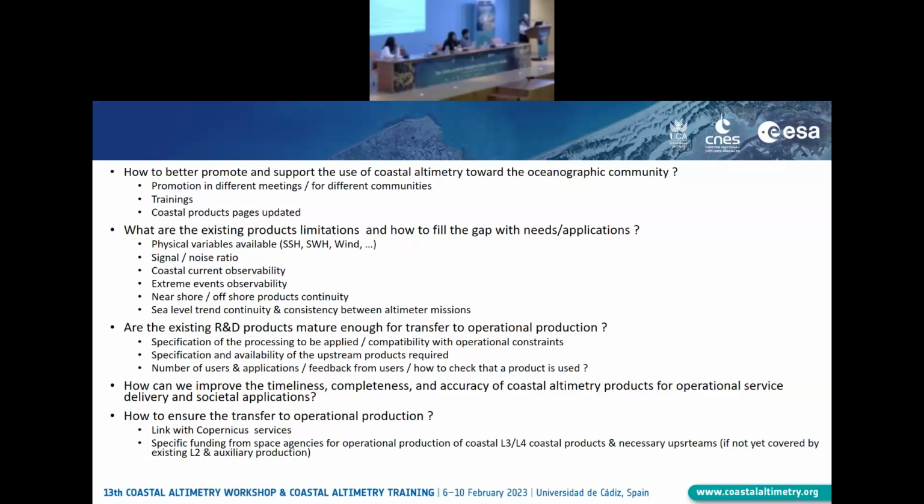So I think it's important for users and different laboratories to make requirements to the Copernicus services and also propose different products they have as R&D that deserve to be put into operational production. It's important for you, as users, to make clear requirements and propose things to these space agencies and operational services.